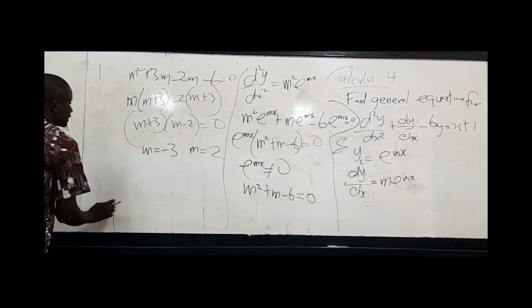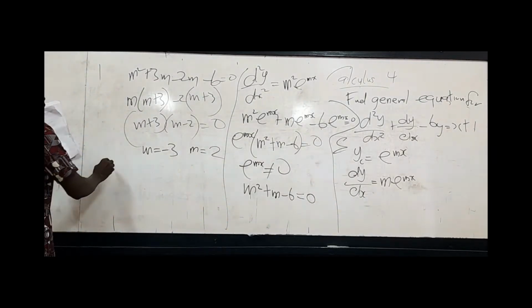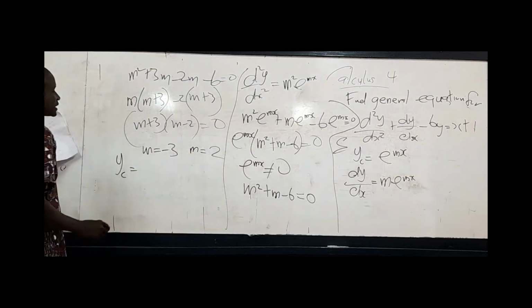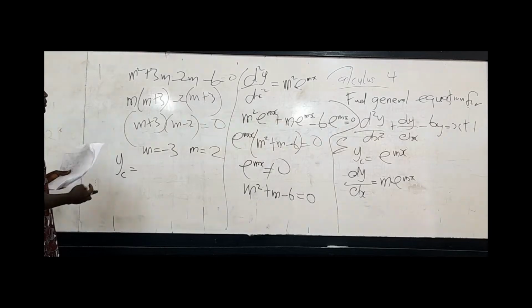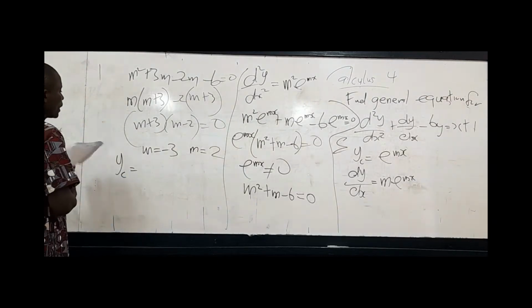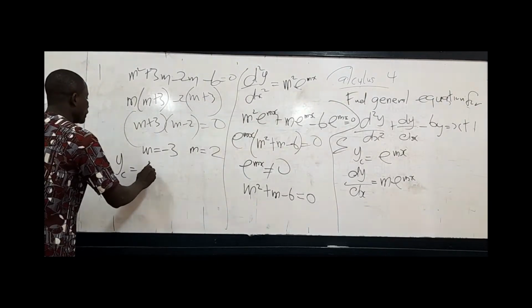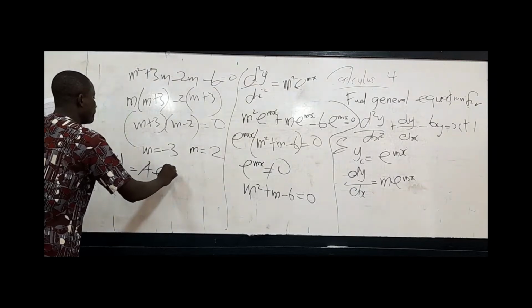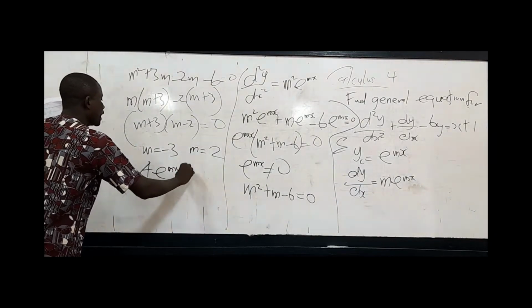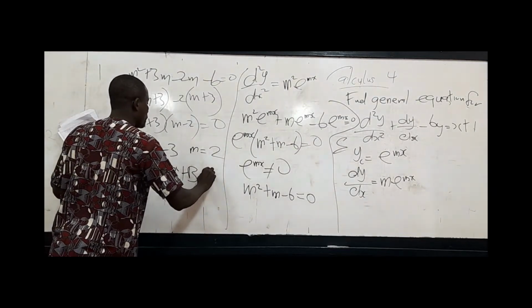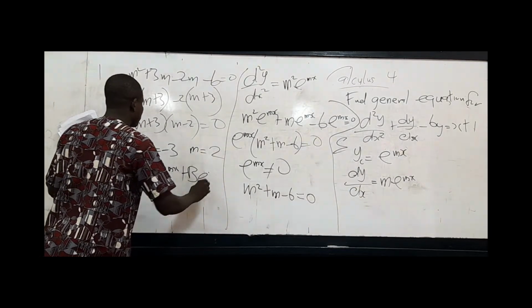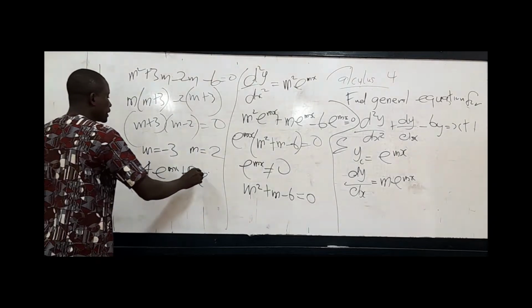So in this case, our y complementary function is going to be A e^(m1 x) plus B e^(m2 x).